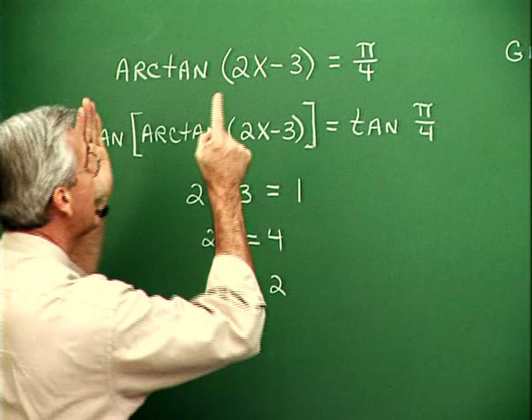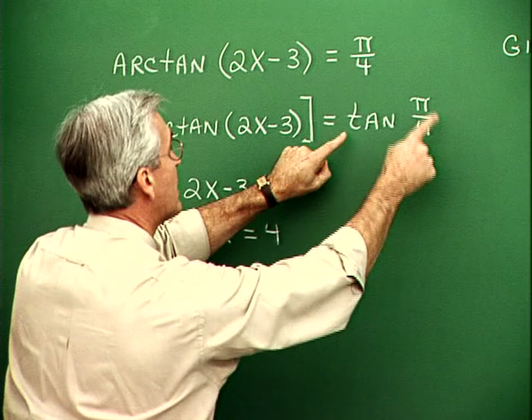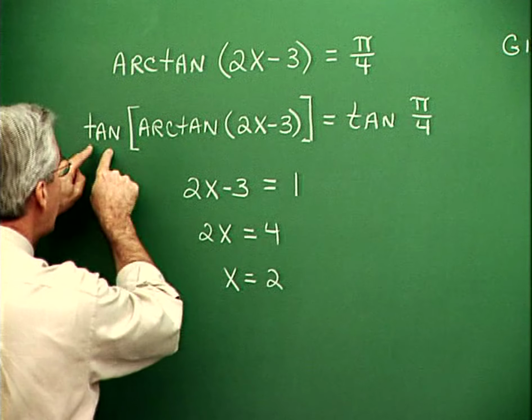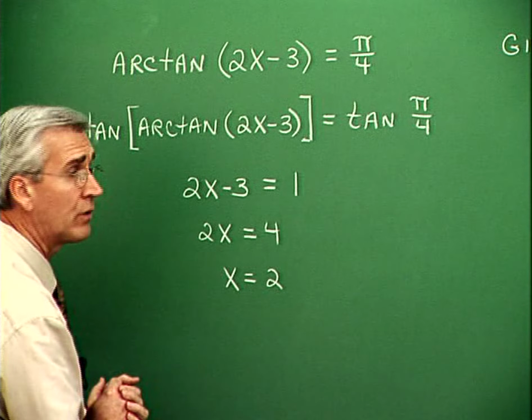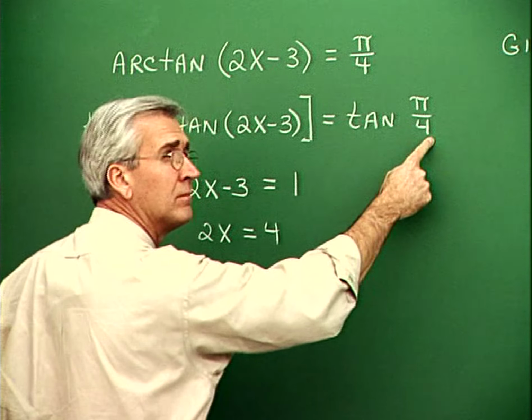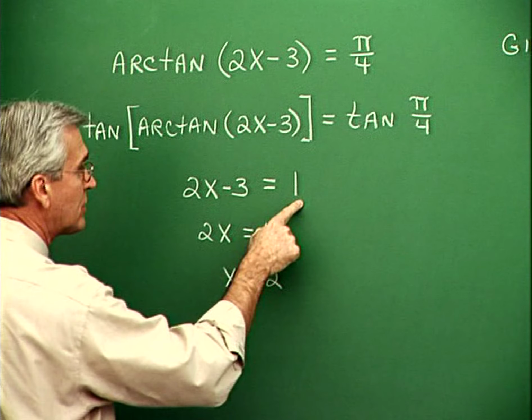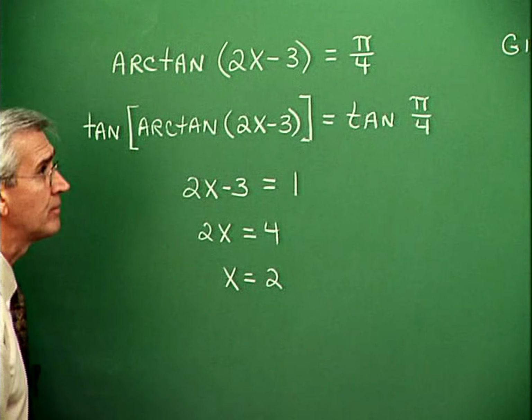So we'll apply tangent on both sides. So we want the tangent of this expression, the tangent of this expression. Now, the tangent of arctangent, they sort of take each other out, so we have 2x minus 3. And then the tangent of pi over 4, that's tangent of 45 degrees if we're thinking in terms of degree measured angles, but that turns out to be 1. And now we simply solve the equation to find x to be 2.